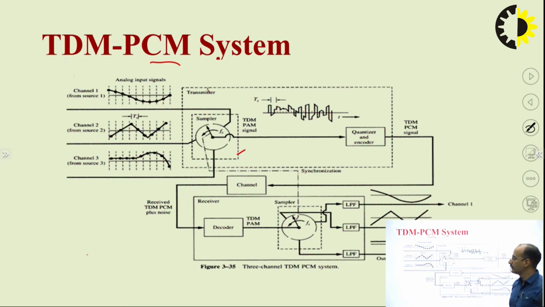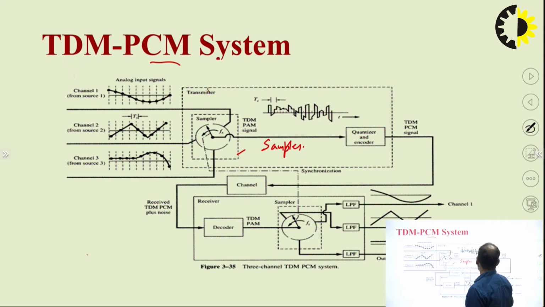That sampler is connected with n number of channels coming from the various sensors. That data comes to the sampler, and the sampling switch changes its position according to the sampling frequency, and the changing position creates samples.